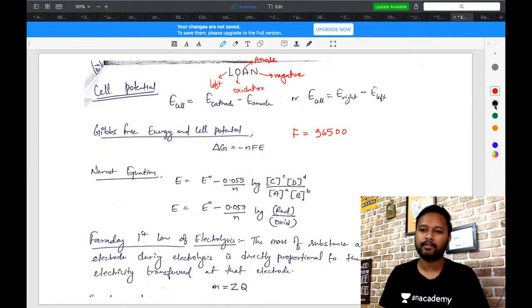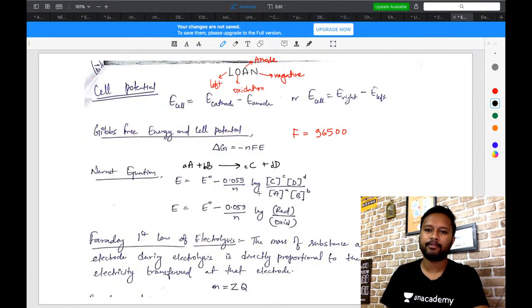Now the Nernst equation tells you, or relates, your concentration with the EMF. So E of the cell equals E naught minus 0.059 upon n log concentration of, this is for this reaction: if A and B react to give you C and D, where small a mole of A reacts with small b mole of B to give small c mole of C and small d mole of D. In that particular case, your Nernst equation is given like this: E equals E naught minus 0.059 upon n log of C to the power c, D to the power d, upon A to the power a, B to the power b.